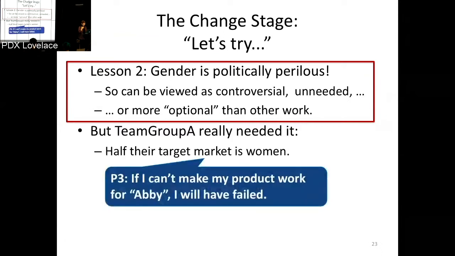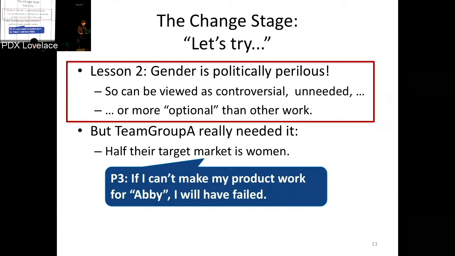But my first team group there really needed it. So the product that they were working on, half of their target market was women, and they knew it was not working very well for women. And what the product group lead said is, if I can't make my product work for Abby, I'm going to fail.